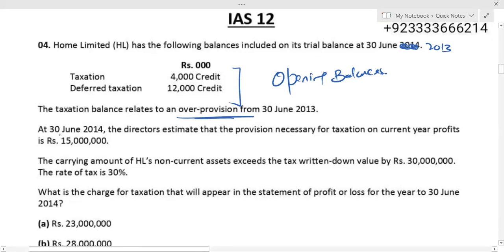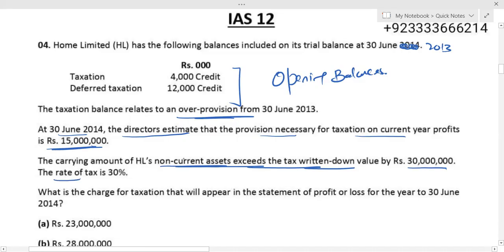At 30th June 2014, current year end, the director estimated the provision necessary for taxation on the current year profit is 15 million. This 15 million is your current tax payable. The carrying amount of non-current assets exceeds the tax written down value by 30 million.